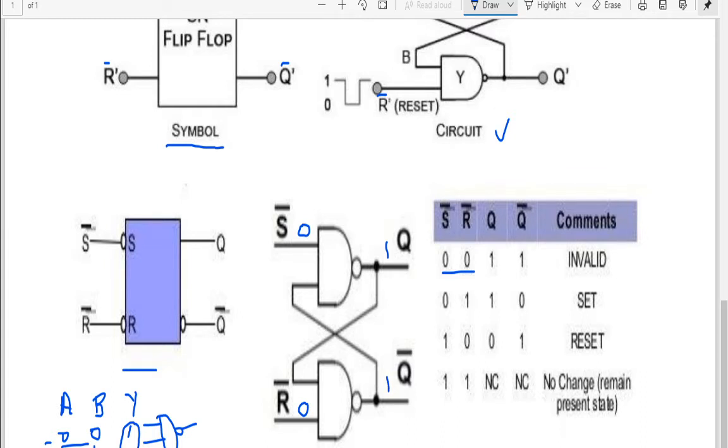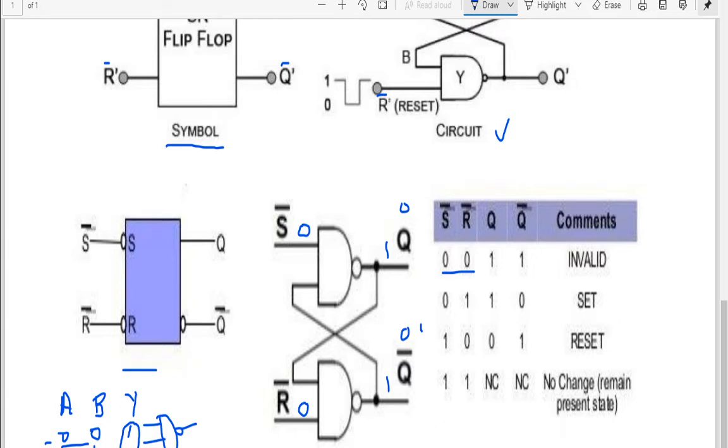So here you can see Q is also 1 and Q bar is also 1. As we all know, if Q is 1, Q bar should be the complement of Q. That is, if Q is 1, Q bar should be 0, or if Q is 0, Q bar should be 1. That is what we need to have.